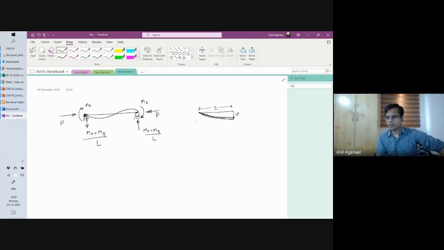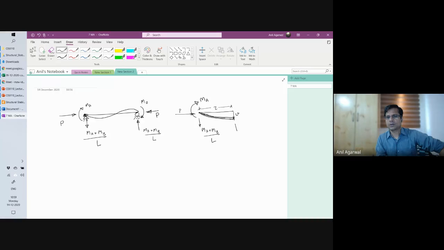Again, basically what I'm trying to do is calculate how much is the moment and axial force acting here. So there was a force P acting here. There was a vertical force MA plus MB divided by L acting here. There is a moment MA acting here. Right? What will be the vertical force here?